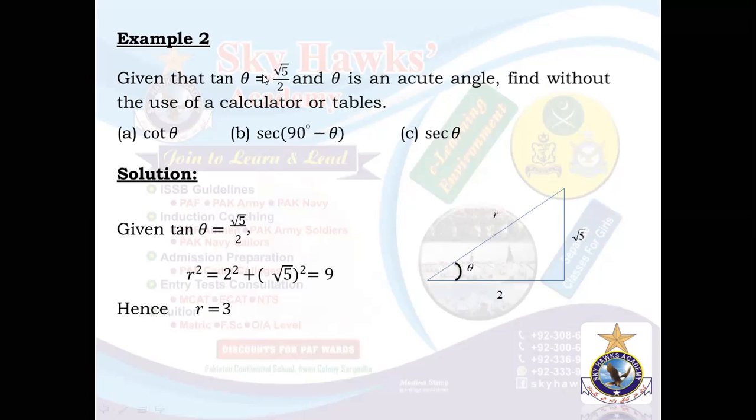Then the secant, you know that secant is reciprocal to the cos. So you will have to find the hypotenuse by using the Pythagoras theorem to calculate this side. R can be calculated as the square of this plus the square of this, as we have done over here.